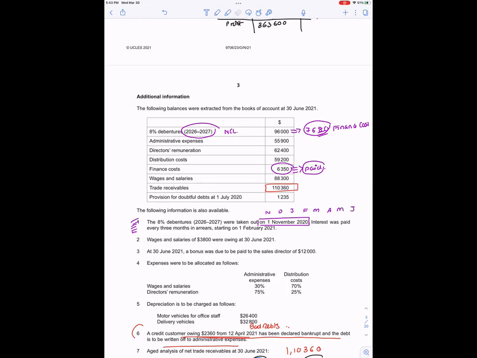The interest would not be for the entire year. 1, 2, 3, 4, 5, 6, 7, 8. Interest would be for 8 months.